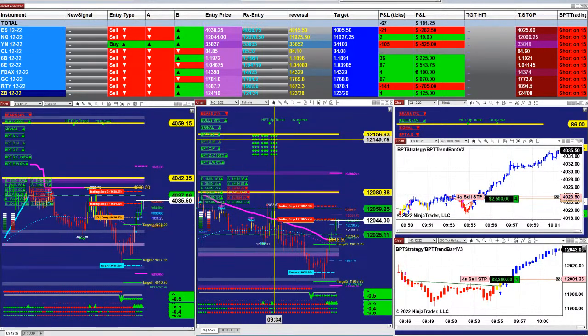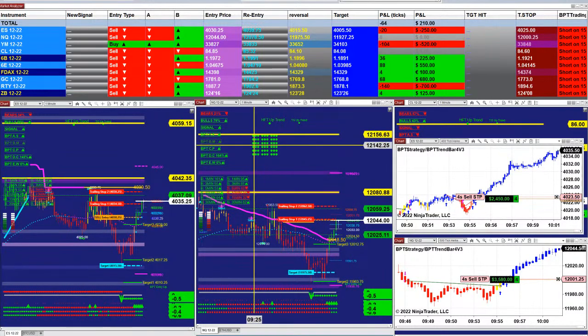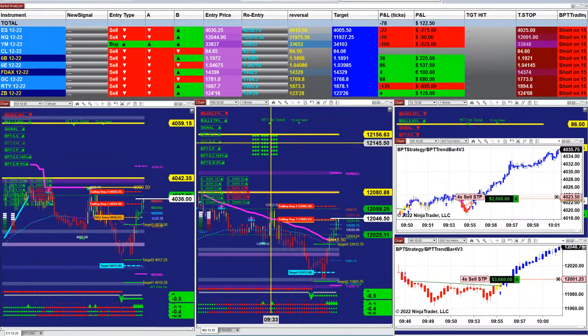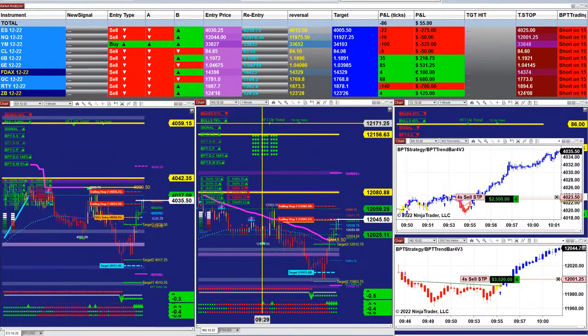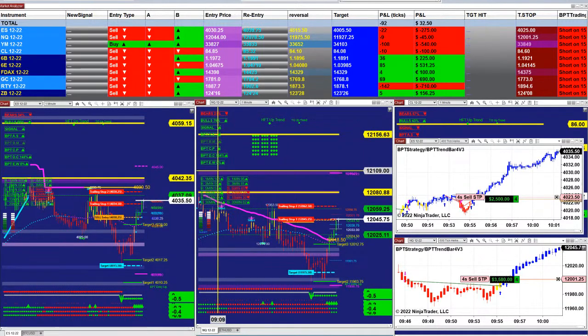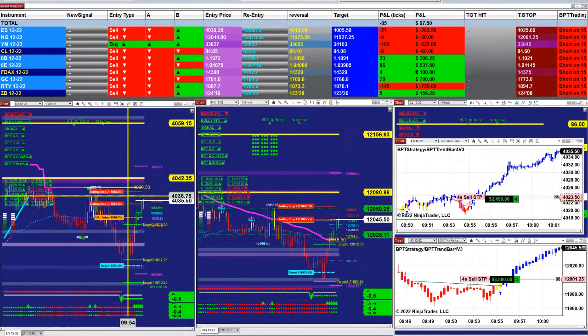On the Nasdaq, when you see this chart blinking, that means there are a lot of buyers coming in. The high time frame is up, the target is up, the momentum is getting stronger.